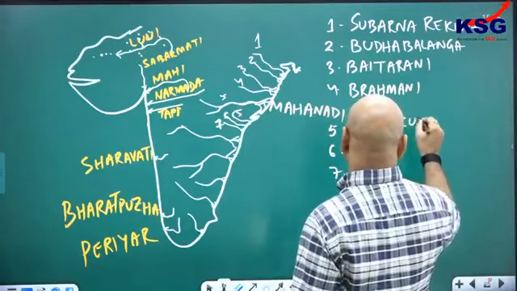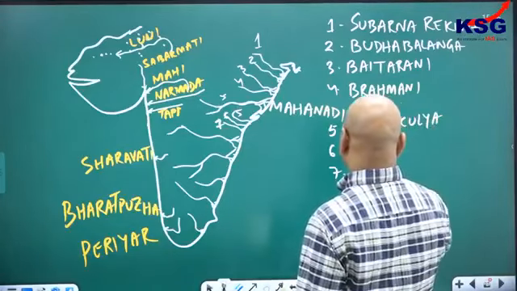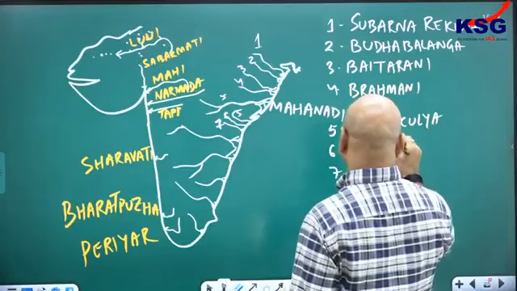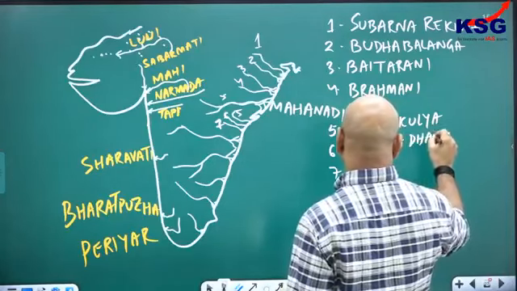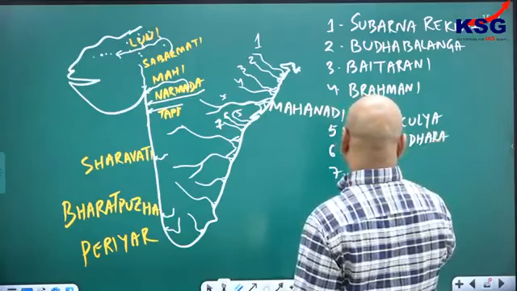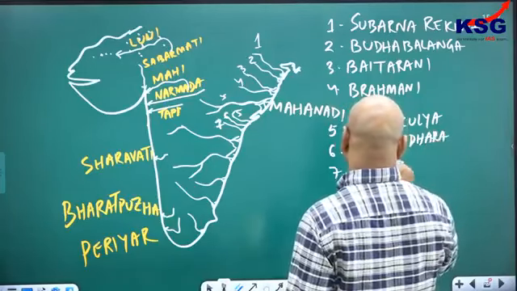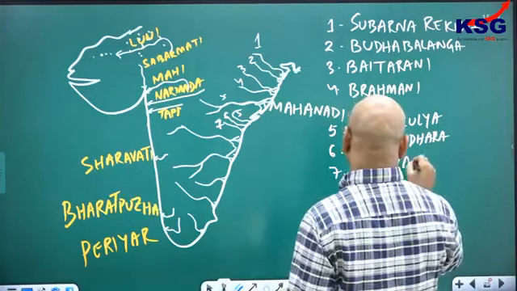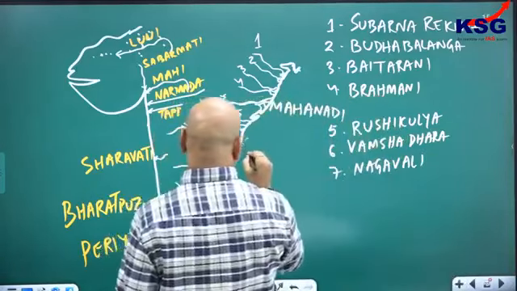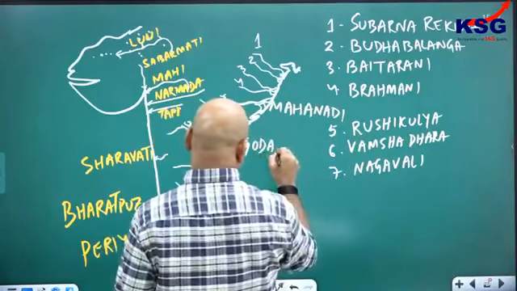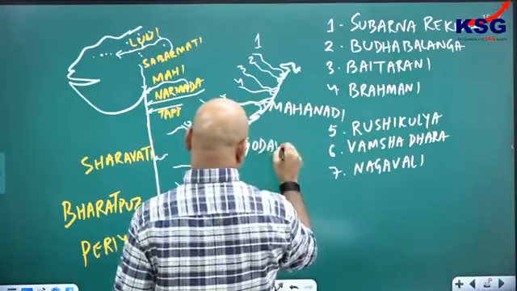Rushikulya, Vamsadhara, Nagavali, the eighth one you have Godavari, ninth one is Krishna.